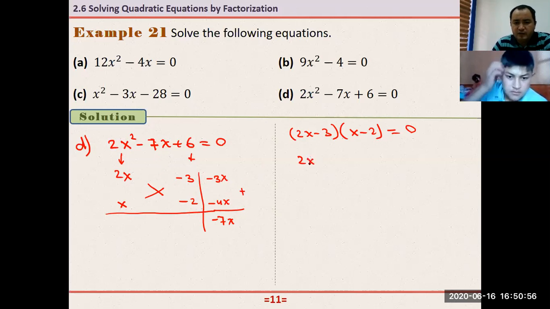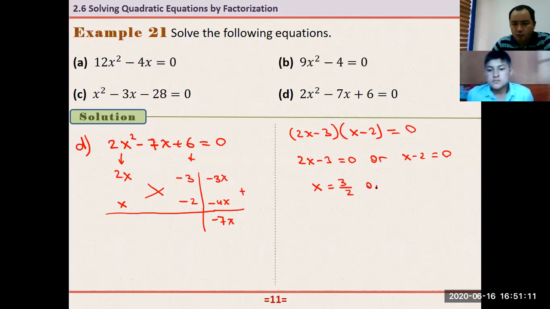Now here we have 2x minus 3 is equal to 0, or x minus 2 is equal to 0. If you solve this, what is x? Take 3 to the right-hand side, it becomes plus 3, so x equals 3 over 2, or x equals 2, right? Because if you substitute these numbers into this equation, it is equal to 0.